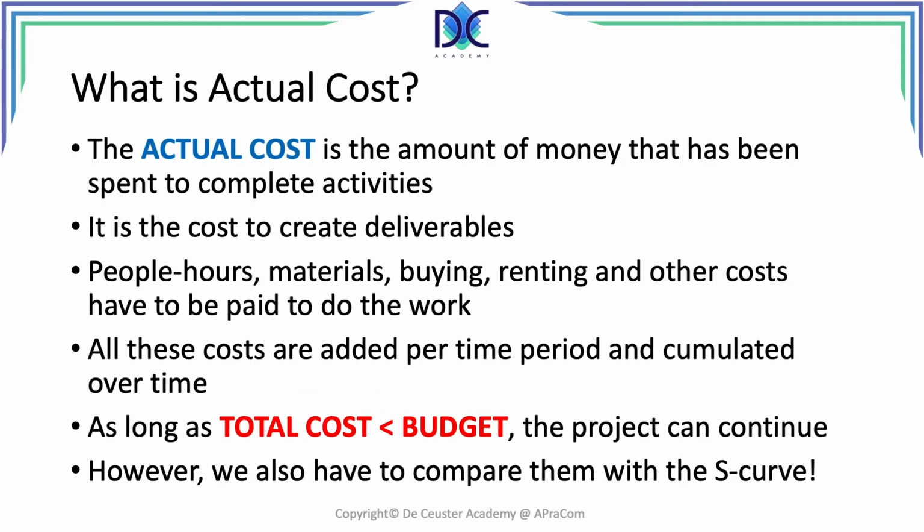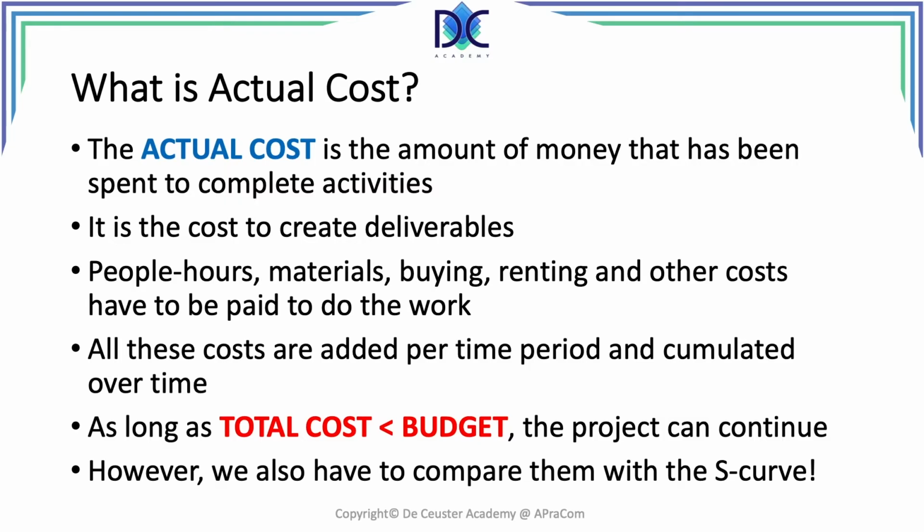A second parameter: when we are working on those deliverables, the cost we use to calculate the earned value is in fact an estimation. When we are working on those deliverables, we may have higher expenses.